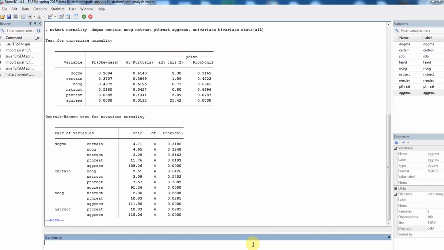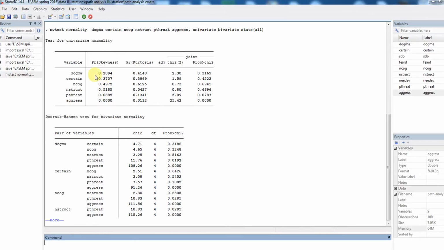So when I press enter, you can see right here, here's my command, and I've got the test for univariate normality. These are just probability values associated with skewness and kurtosis. What I would be looking for in terms of an absence of univariate normality on any of these dimensions is a p-value that would be less than 0.05.